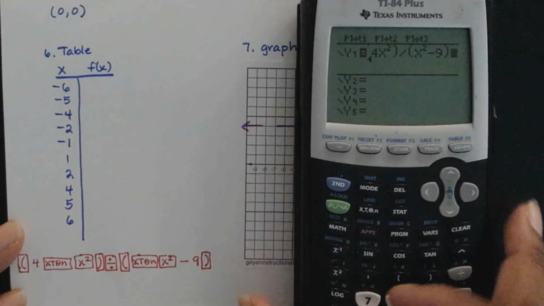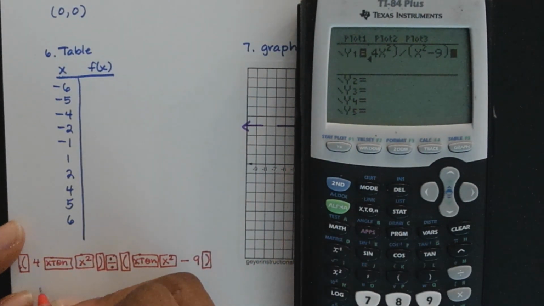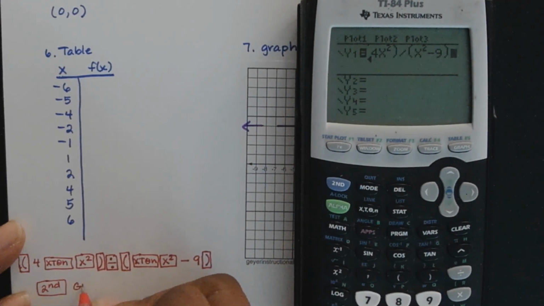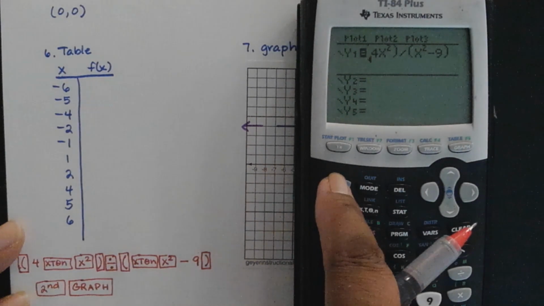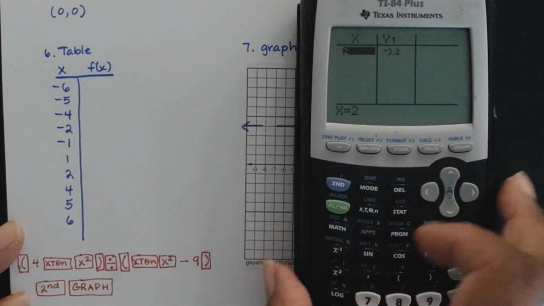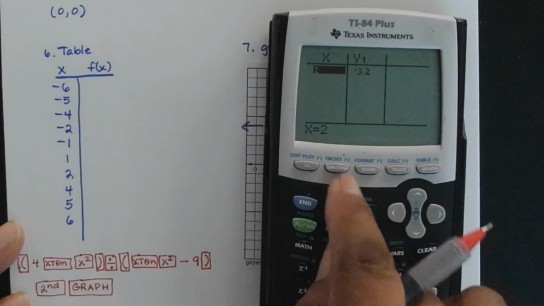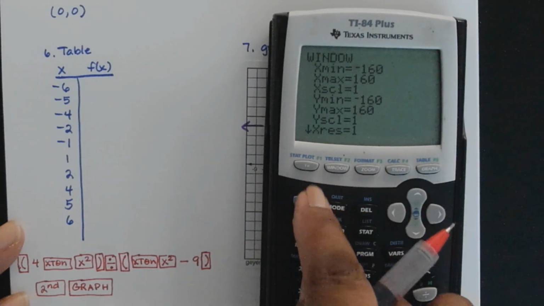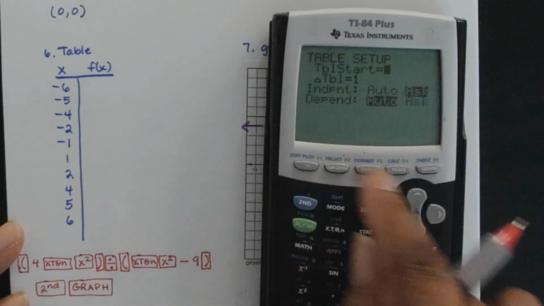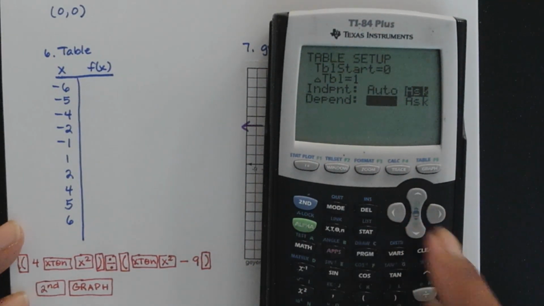All right. Now for the table, you're going to press second and then graph. So I'm going to press second and graph for the table. Okay. I need to fix something here.